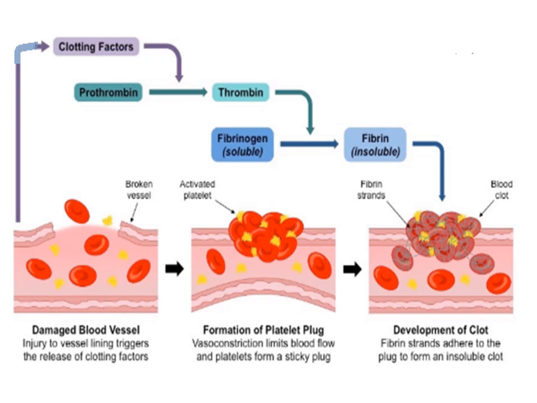The release of platelets causes the clotting factors to convert the inactive plasma proteins prothrombin and fibrinogen to their active forms thrombin and fibrin. Fibrin forms a crisscross network that traps the RBCs, WBCs and platelets.